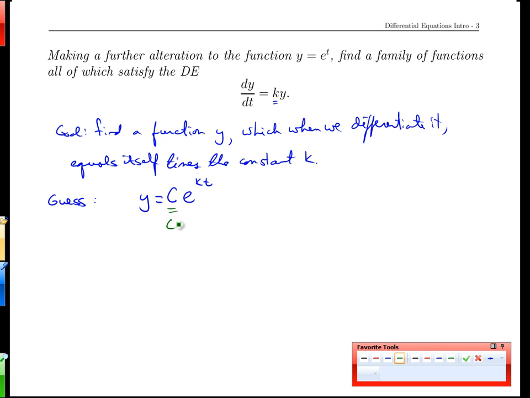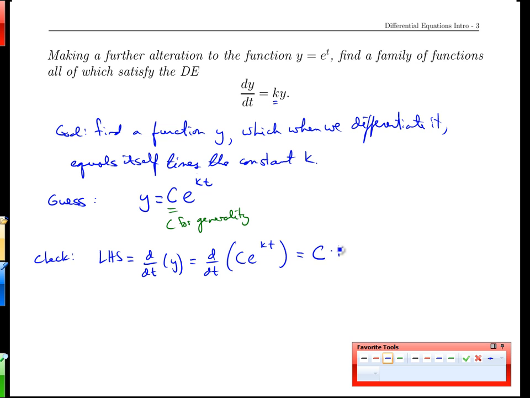So the c here made sense in the last example. Hopefully it makes sense in this example as well. Let's just make sure that works out the way we expect. Check the left-hand side: the derivative with respect to time of c e to the kt, and that would be c times k e to the kt.